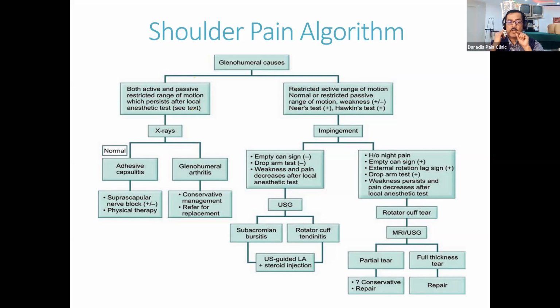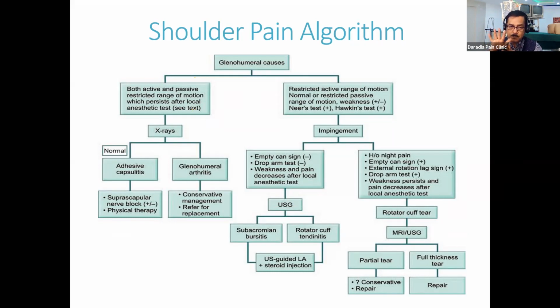If you're talking about the commonest causes of shoulder pain, one of them is frozen shoulder or adhesive capsulitis. Second is the rotator cuff tendinopathies, particularly supraspinatus tendinopathies. Third is bursitis. Fourth is acromioclavicular joint osteoarthritis, and fifth, the bicipital tendinopathies.